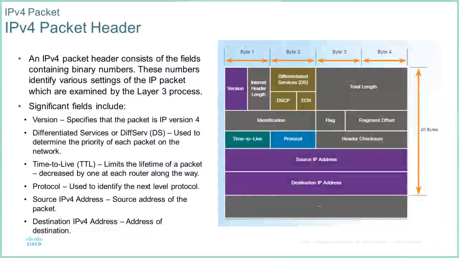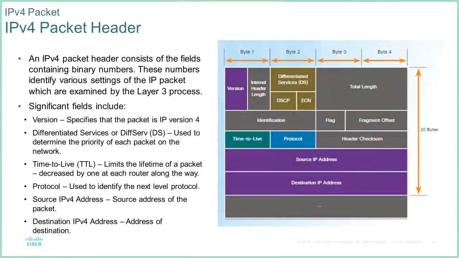So the header, it's a fairly busy little diagram, this one, but the main ones you need to know about are the version, which says version 4, and then we have the service type, so this is priority, so your quality of service. Your time to live field is a way of making sure that the packet only travels for a certain amount of time on the network. If the time to live expires, then the packet is dropped.